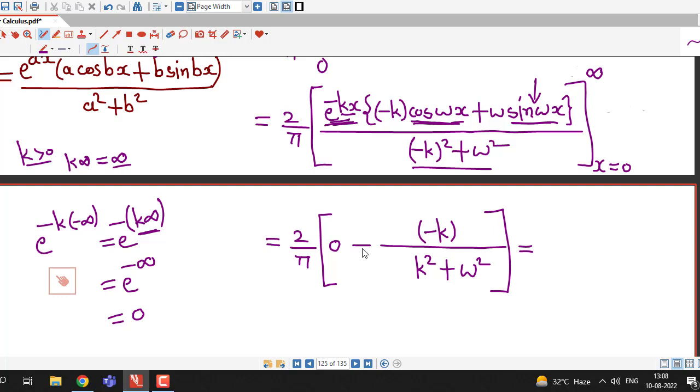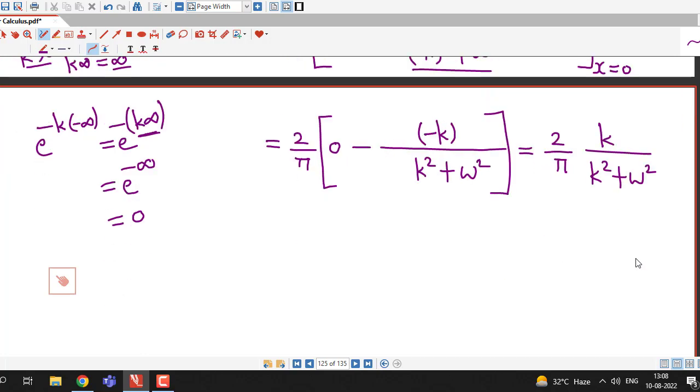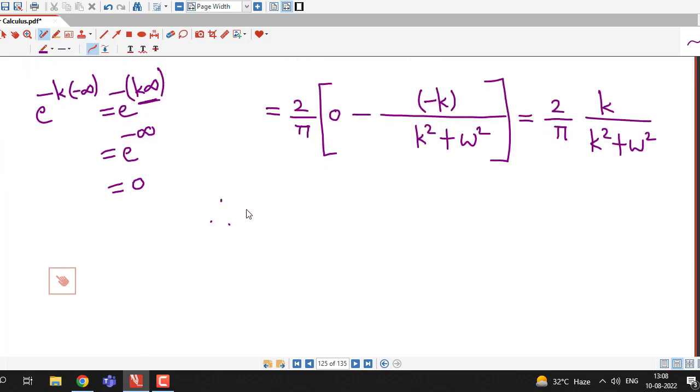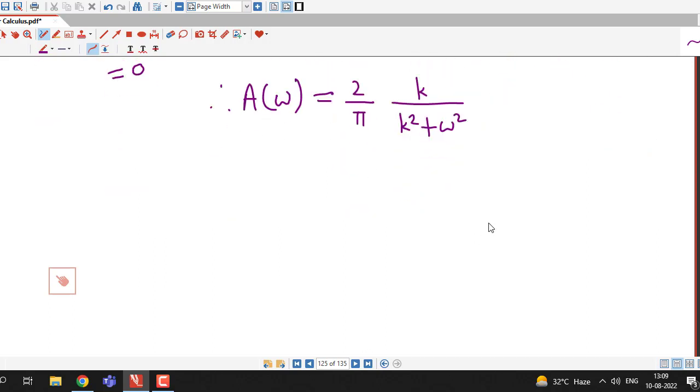And if we consider this negative into negative, it is positive, and we have 2 by pi k divided by k square plus omega square. So this is value of A(omega), and once we obtain A(omega), we have to use ready-made formula for Fourier cosine integral, 2 divided by pi k divided by k square plus omega square. And now we write down the Fourier cosine integral.